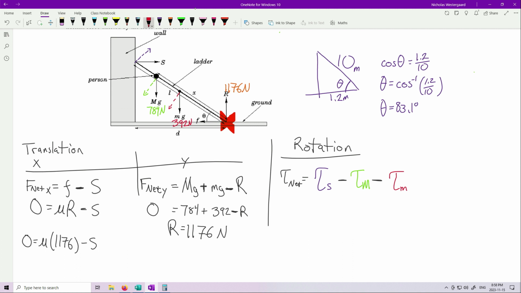Okay, now here's the real trick. Here's where the real work is: you need to find out where this angle, this 83.1 degrees, goes. 83.1 degrees here, here, and here. 83.1 degrees is this angle.